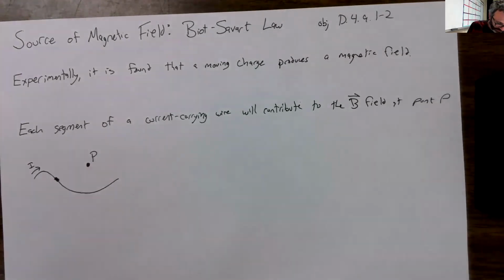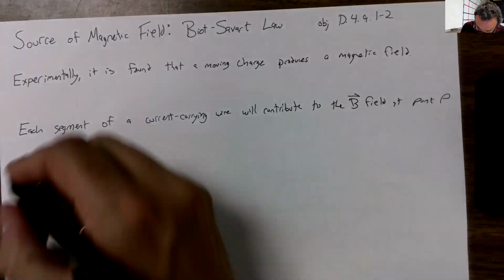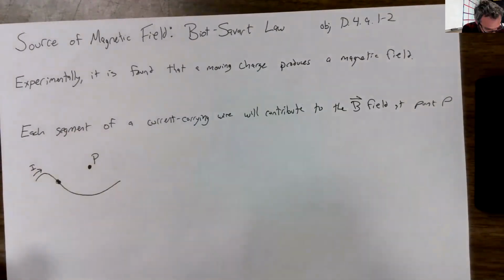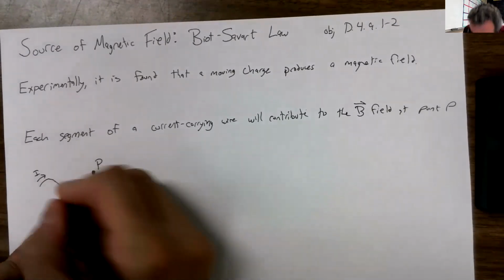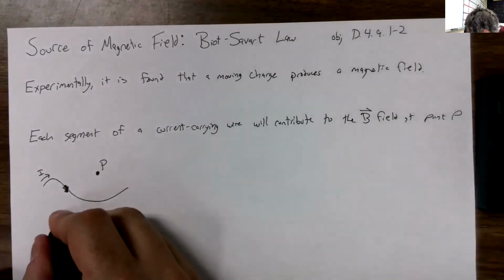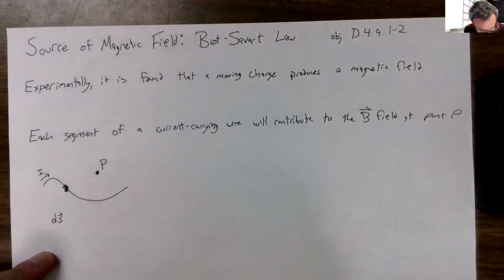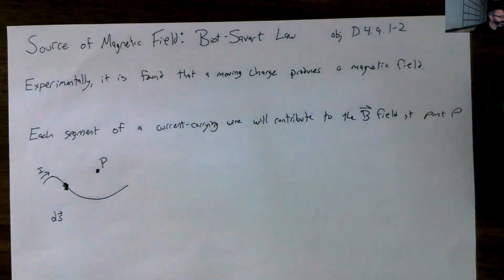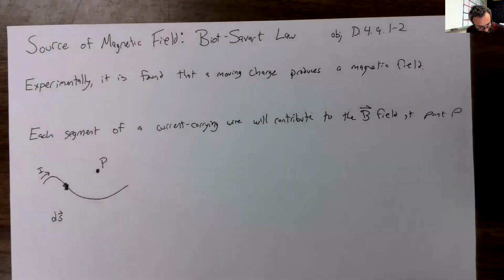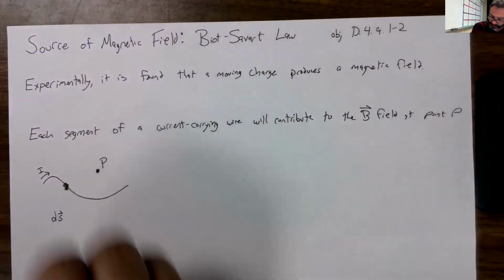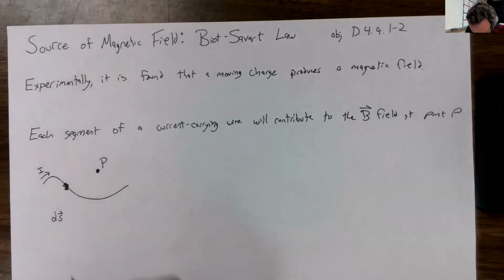So let's try to define what our variables are so that we can write down this law. So here's my little piece of current carrying wire here, and it's pointing in this direction right now, right down along the wire, and I'm going to call that ds. So ds is a small segment of this wire, and it points along the direction of the current, so along the direction of the wire.